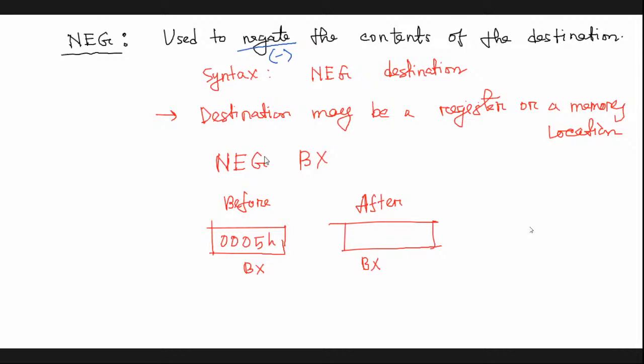How can we write -5 in register dx in hex number?